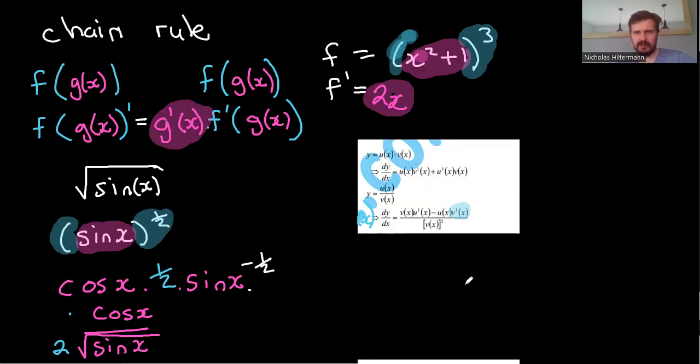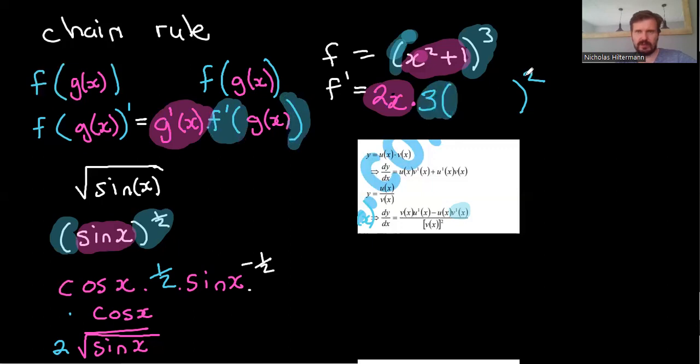So I say, well, it'll be 3 times the front, which is 3. And then I do leave the inside alone. And then I take 1 off the 3, so that's the 2. Okay, so if I highlight what I'm talking about in terms of the rule, it's that bit there.